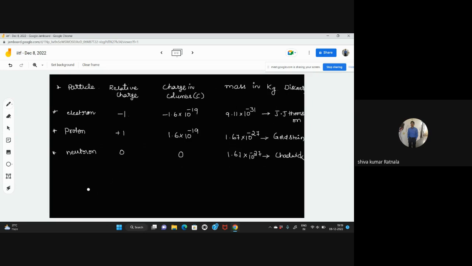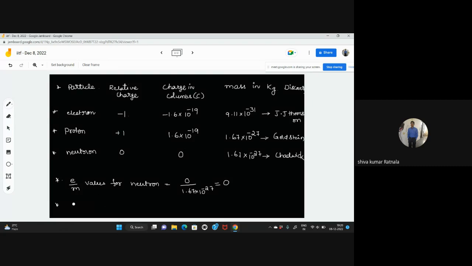Now, if I try to calculate the charge by mass ratio, that is specific charge, e by m value, for neutron, charge is 0 and mass of neutron is 1.67 into 10 to the power of -27, so that value will be 0.